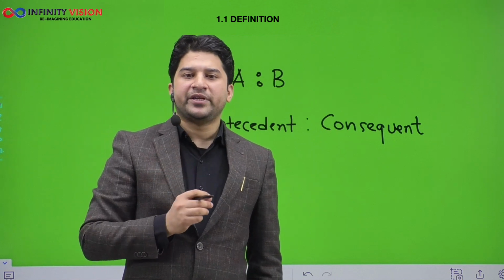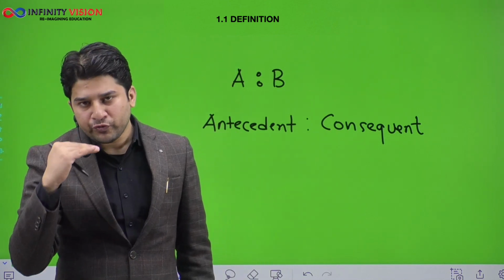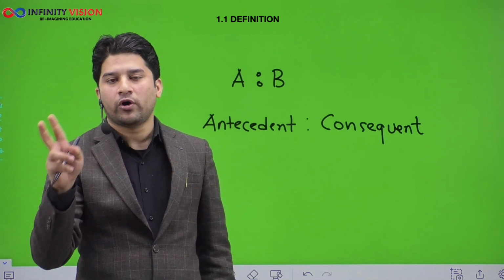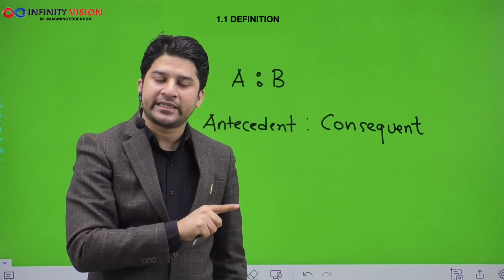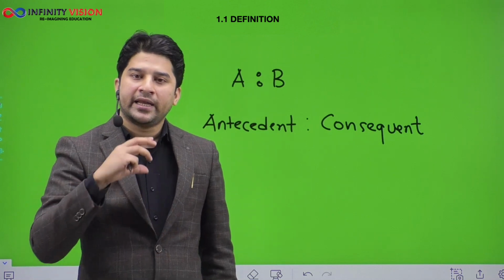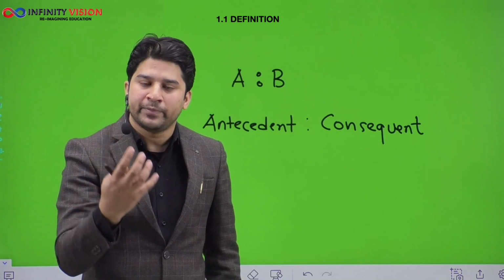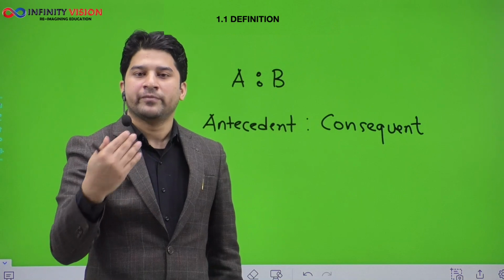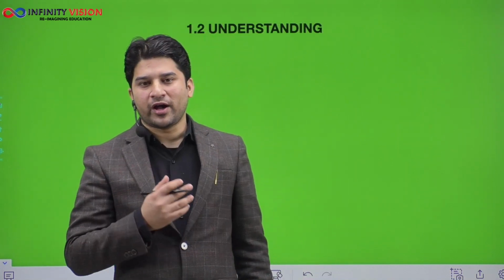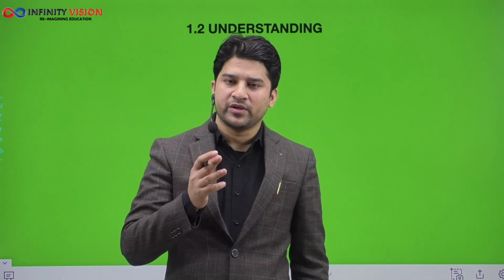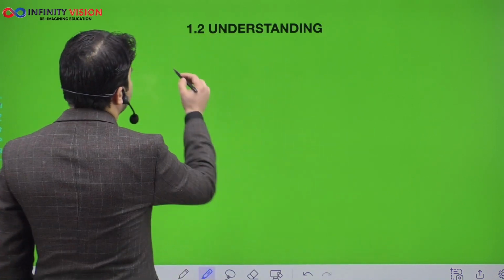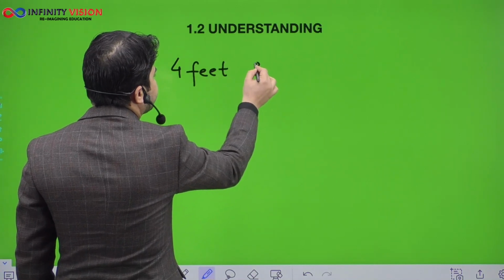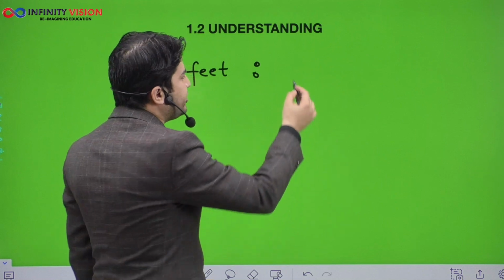So ratio can be defined as a relation between two physical quantities of the same kind, which is represented as A colon B, where A is antecedent and B is consequent, and it means what multiple A is of B or what part A is of B. Let's say you have to find the ratio of two lengths, the first length being 4 feet and the second length being, let's say, 3 yards.